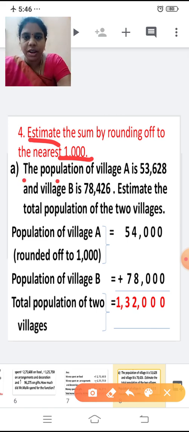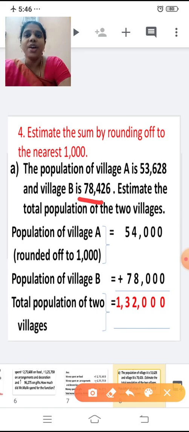The population of village A is, how much population they have? 53,628. And village B, how much population is there in village B? 78,426. Estimate the total population.